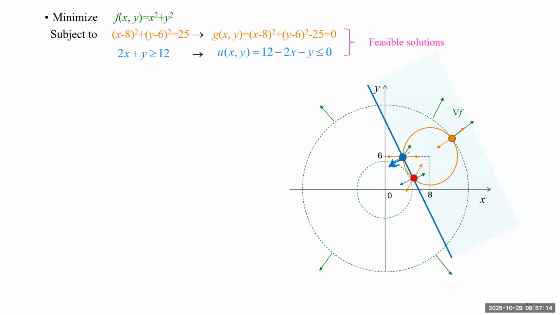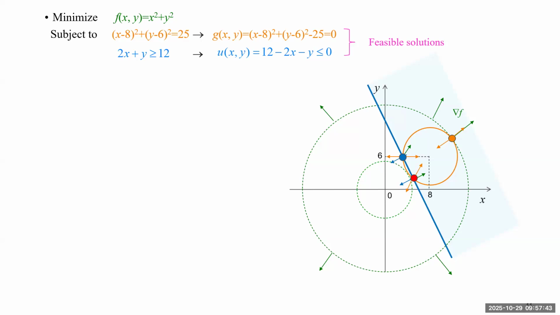If this point moves inside of this region, this blue arrow will disappear. There's no penalty. But if you move outside of this shadow area, then there's a huge penalty. That indicates the increase of the penalty due to violation of this blue inequality constraint.